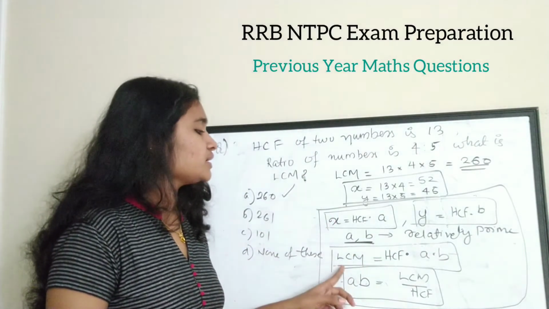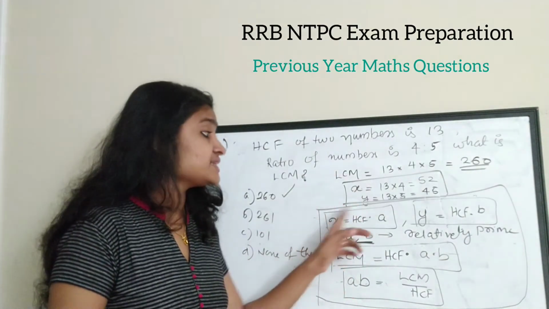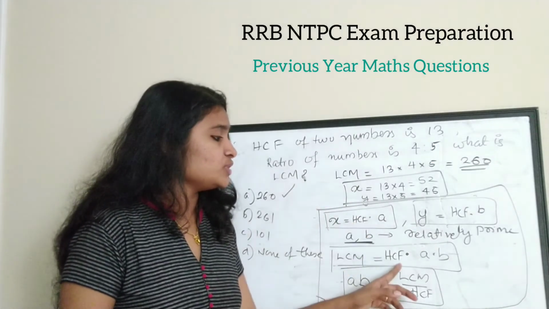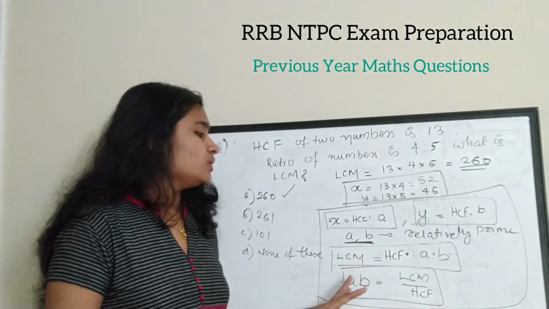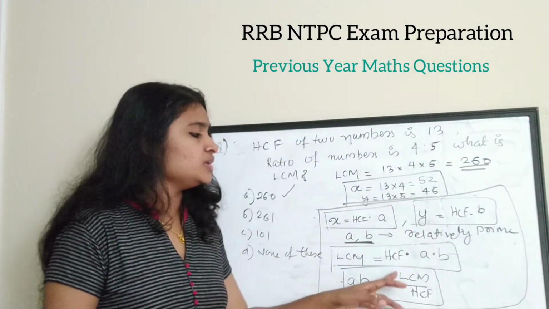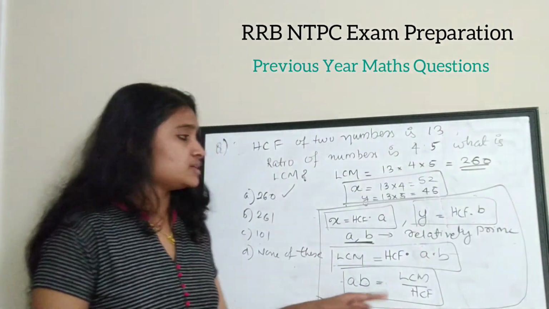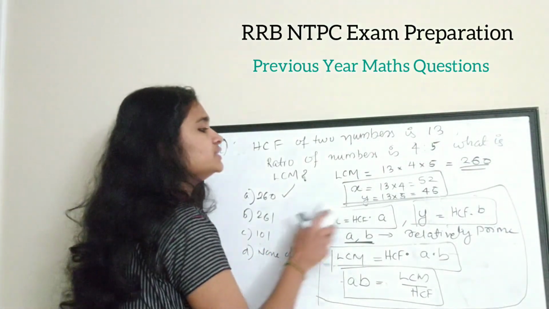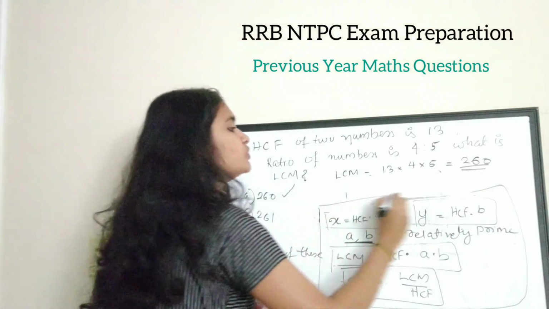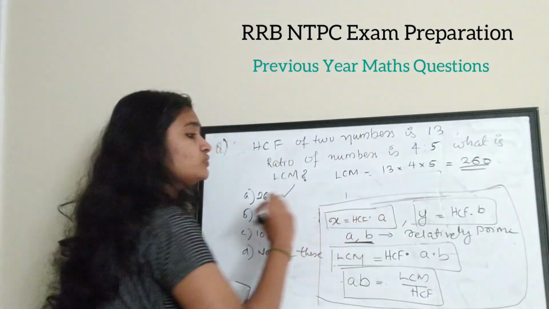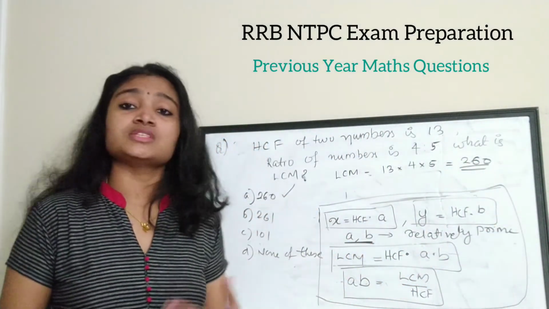And also you can write the LCM of the two numbers x and y as HCF into these relatively prime numbers' product, that is A into B. Also the product of A and B will be equal to LCM by HCF. So if you want to note these things, just note it down because this is very much useful for answering the LCM HCF type of questions. Okay, so please note this much.